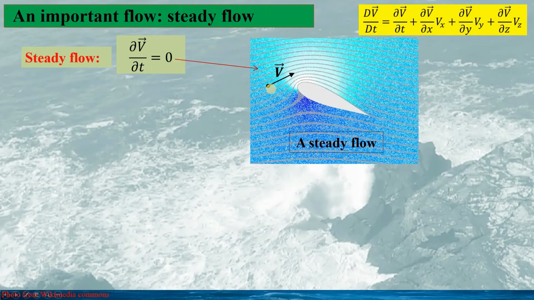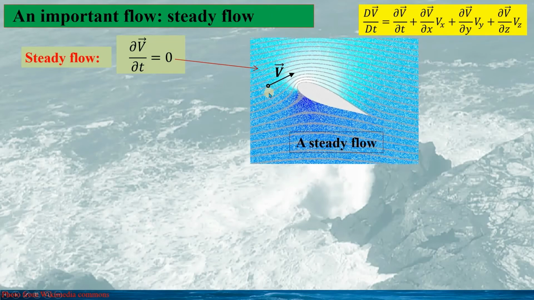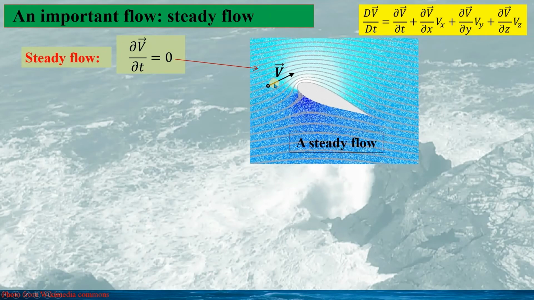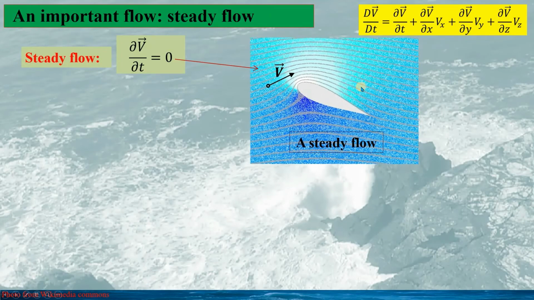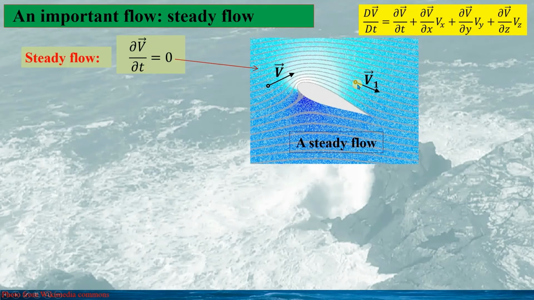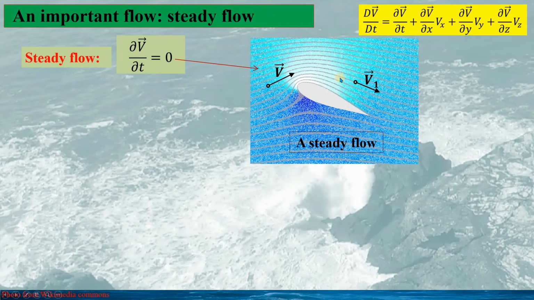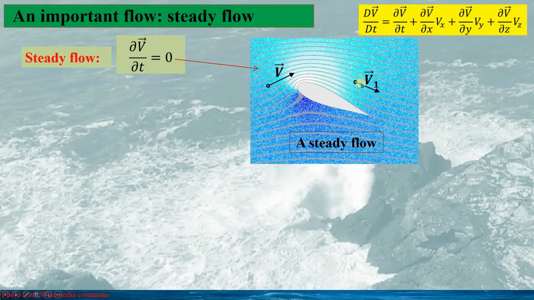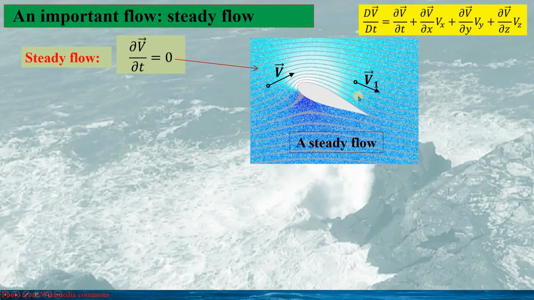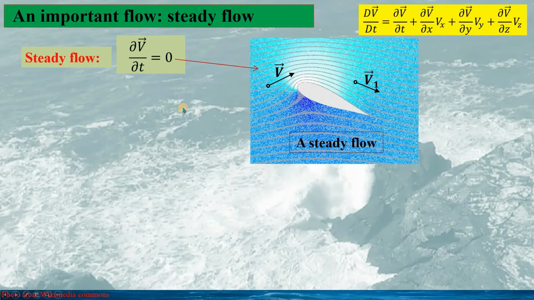This means for any given point, the velocity vector is constant, not changing with the time. But for different locations, the velocity can be different, like vector v1 compared to vector v. So they are very different in both direction and amplitude.